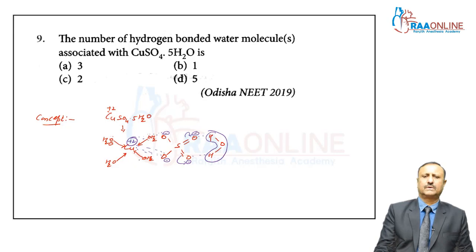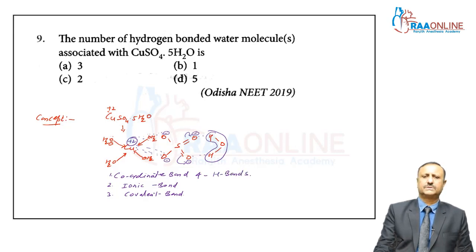So in this molecule you can see number 1, the coordinate bond; number 2, my dear students, the ionic bond; and S and O, this is the covalent bond; and number 4, this is the hydrogen bond.